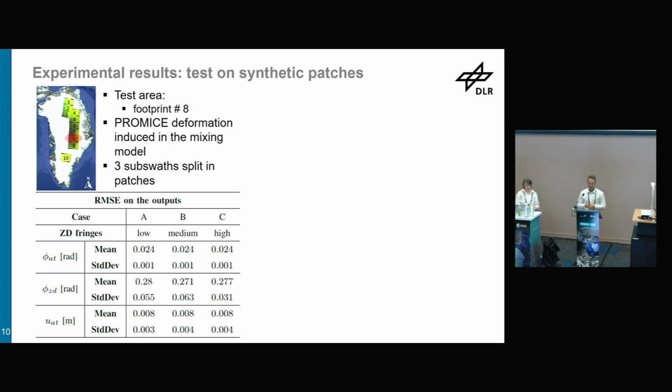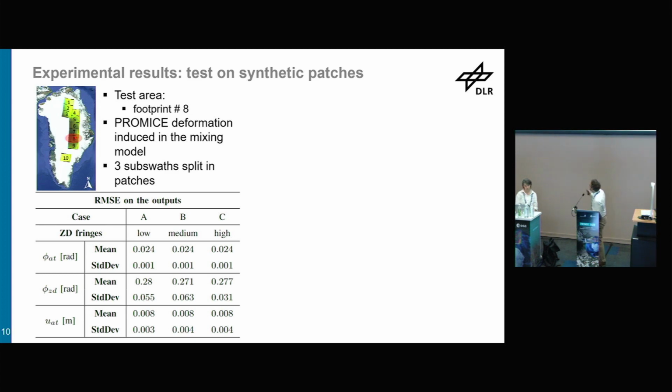So basically we are retrieving the subshot, and in this table, I am splitting the patches in different cases. So we have the case A, that is low density fringes, B medium, and C high. And I can show you here the RMSE in terms of average and standard deviation.